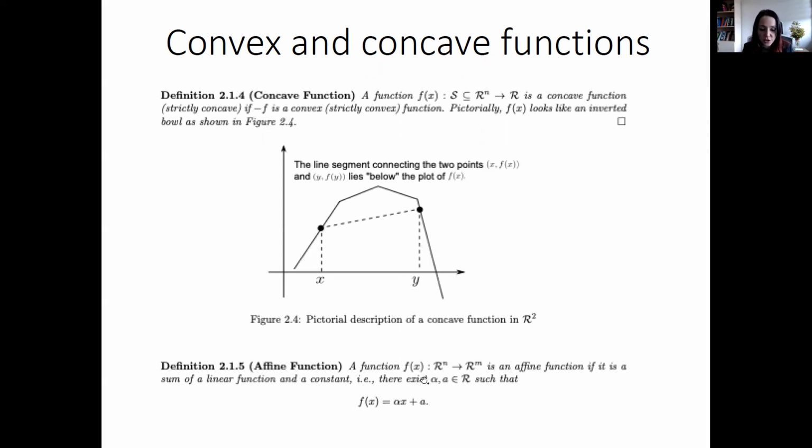An affine function, on the other hand, is the sum of a linear function and a constant. So an affine function satisfies the definition of a concave function as well as the definition of a convex function. So an affine function is both concave and convex, but it is neither strictly concave nor strictly convex.